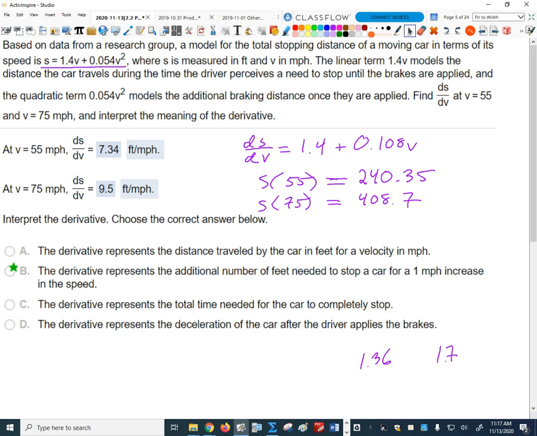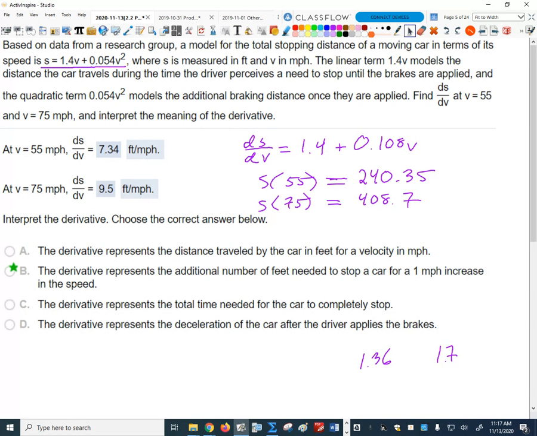At 55 miles per hour, that's telling us that if I were to change my speed, this is the rate at which the stopping distance is going to increase at that speed. It's going to increase at a rate of 7.34 feet per mile per hour, right?